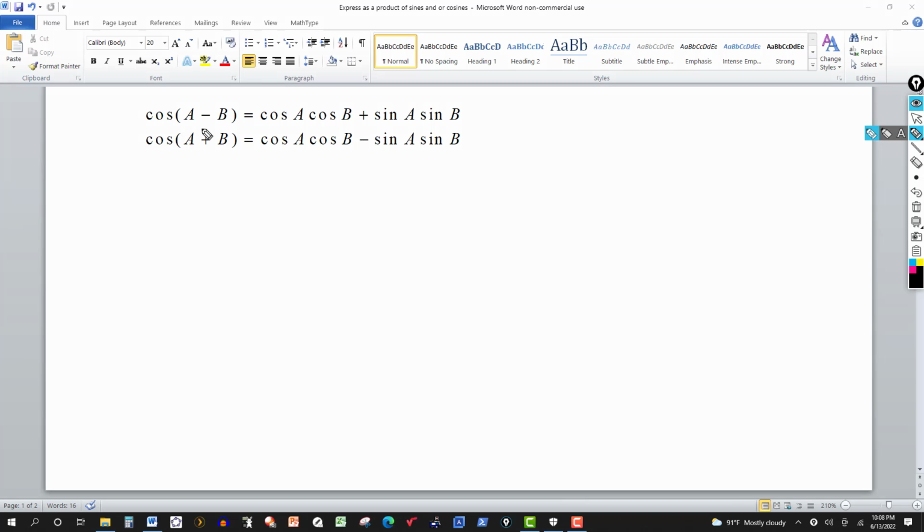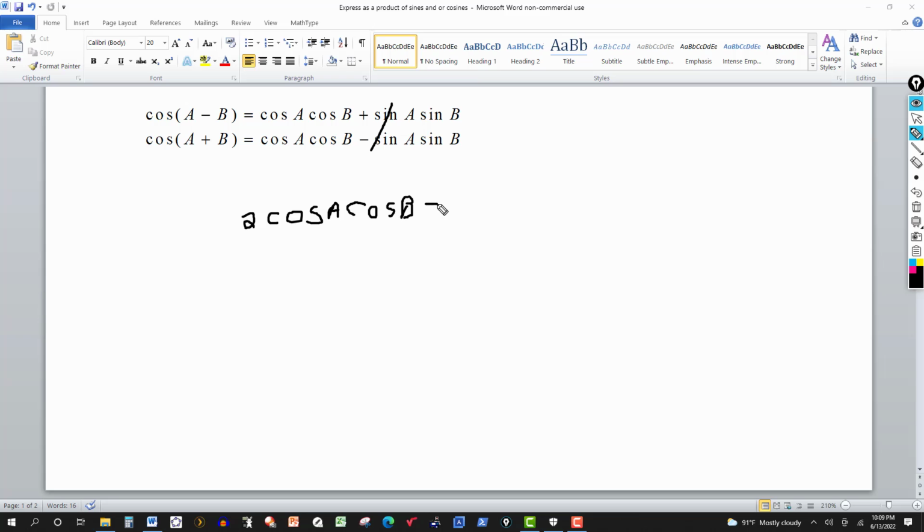So we can do this one way. We can just add these up, and this part cancels out. Let me just take the right side first. We had cosine of a, cosine of b, one and two of those, so we have 2 cosine of a cosine of b.